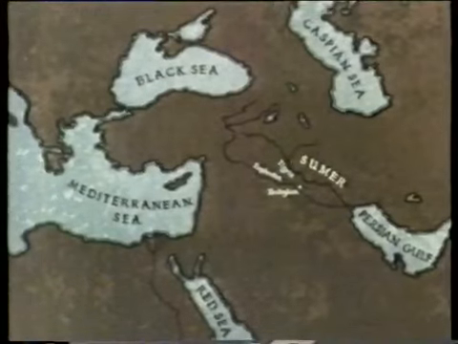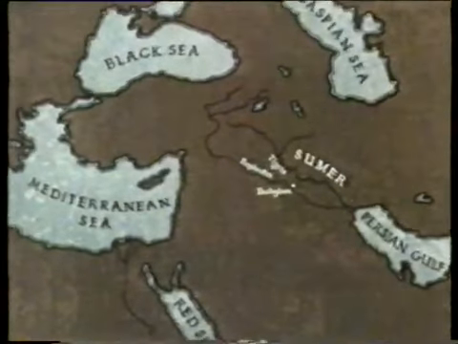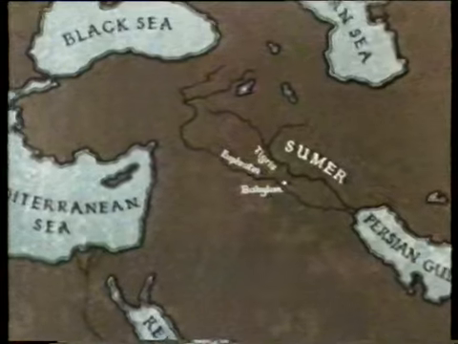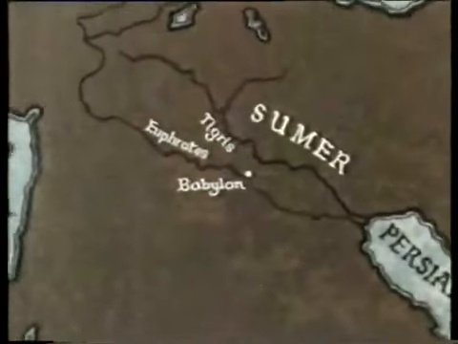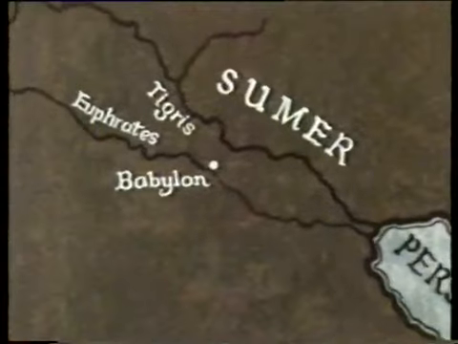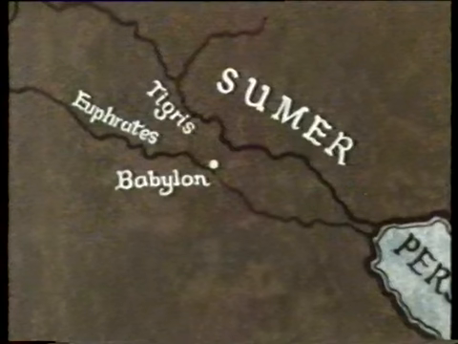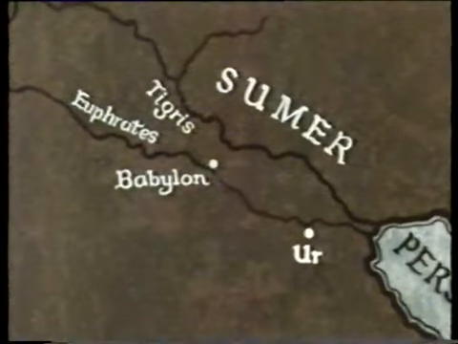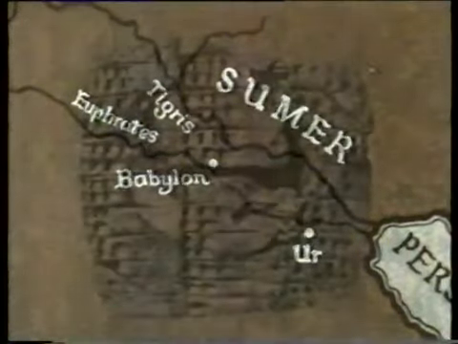It was written in Sumer, which is a country in the south part of Babylonia, where the Euphrates and Tigris come together. You may know the country from the Bible because Abraham came from Ur of the Chaldeans, and that is approximately in that country.